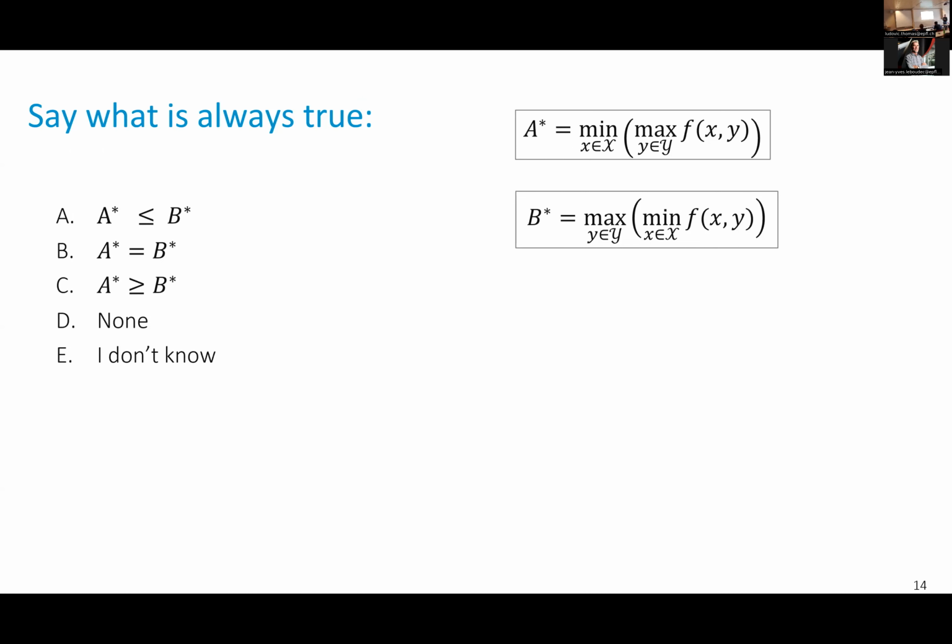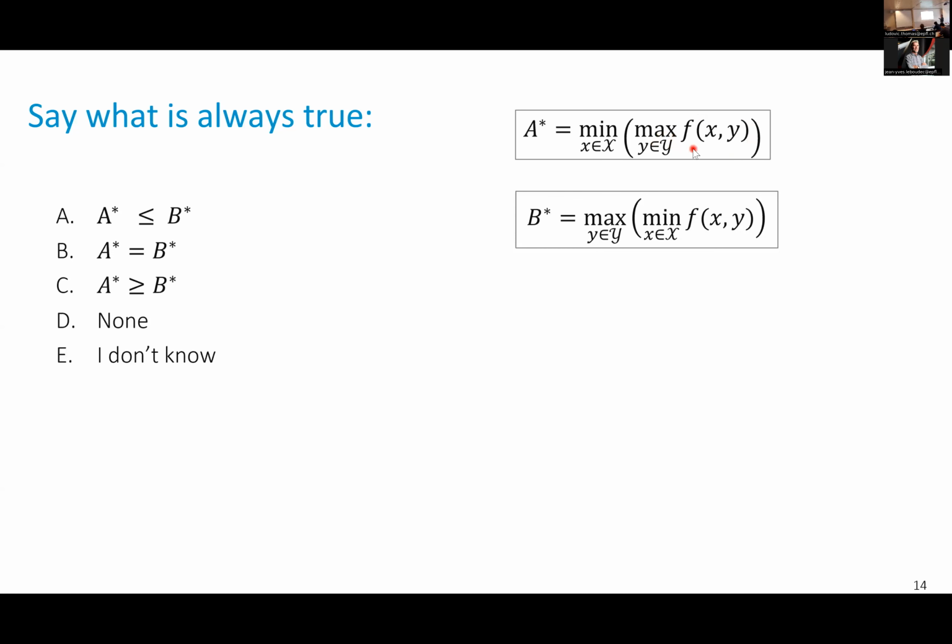So let's do a little drill on the max and min. Here is a small drill on combinations of min and max. I have a function of two variables, x and y, that are independent in the sense they live in a space x and a space y.